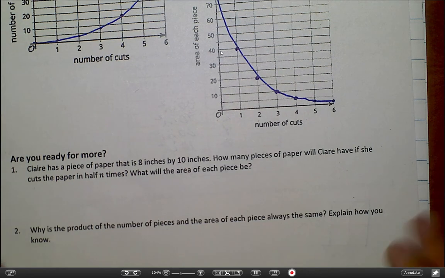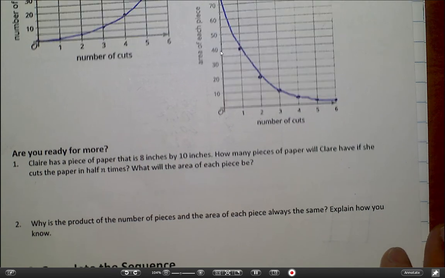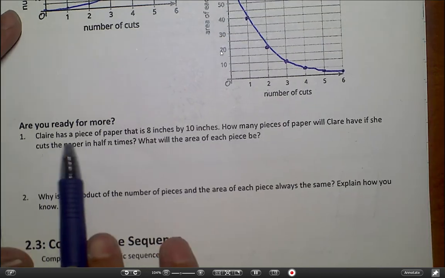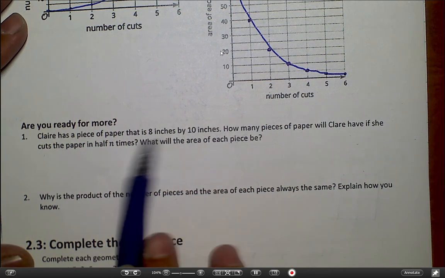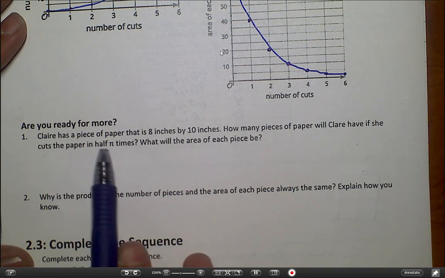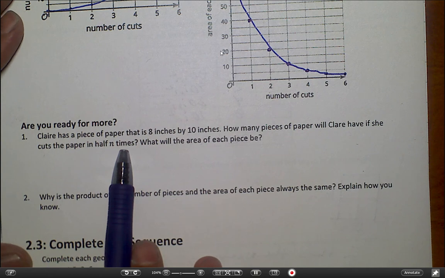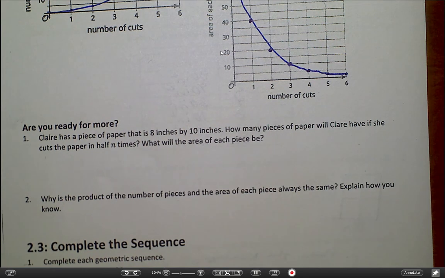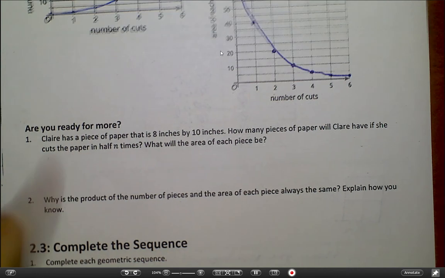Okay? So now, let's see. Right here. Same piece of paper, 8 by 10. How many pieces of paper will Claire have if she cuts the paper in half n times? No, we're doing cuts now, this one.